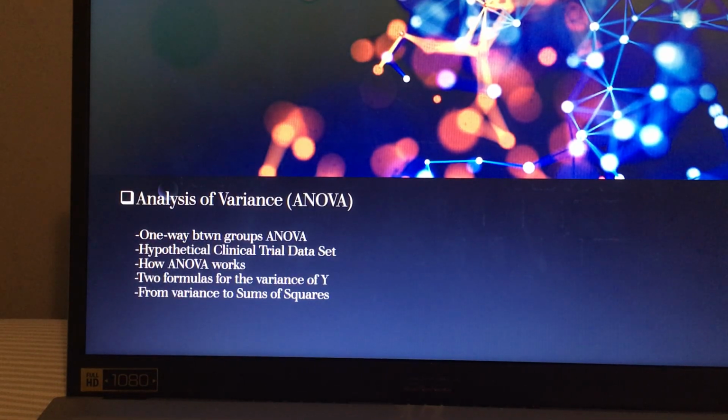We have our variance of y equals 1 over N, and then we have two summations, one for G and one for N sub K, and then we have parentheses which has Y I K minus the mean of Y, and then take that value and square it. This formula looks pretty much identical to our formula for the variance that we originally learned back in chapter 4.